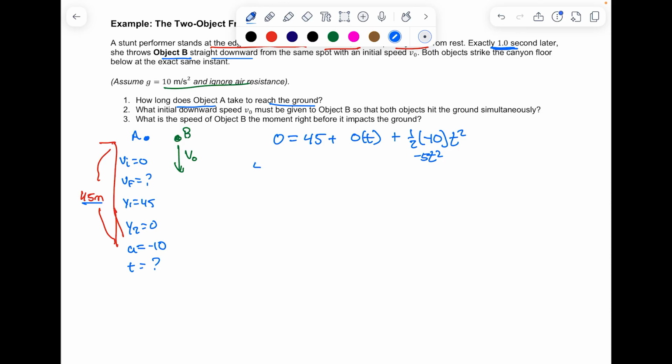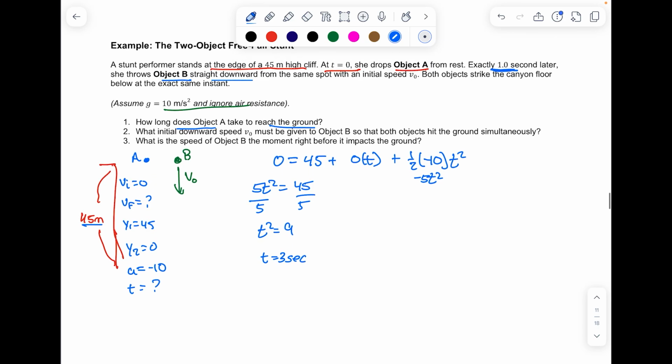Basically 5t squared equals 45, so I divide both sides by 5. I get t squared equals 9, or t equals 3 seconds. I didn't even need a calculator on that one. Now I want to find the initial speed of B.